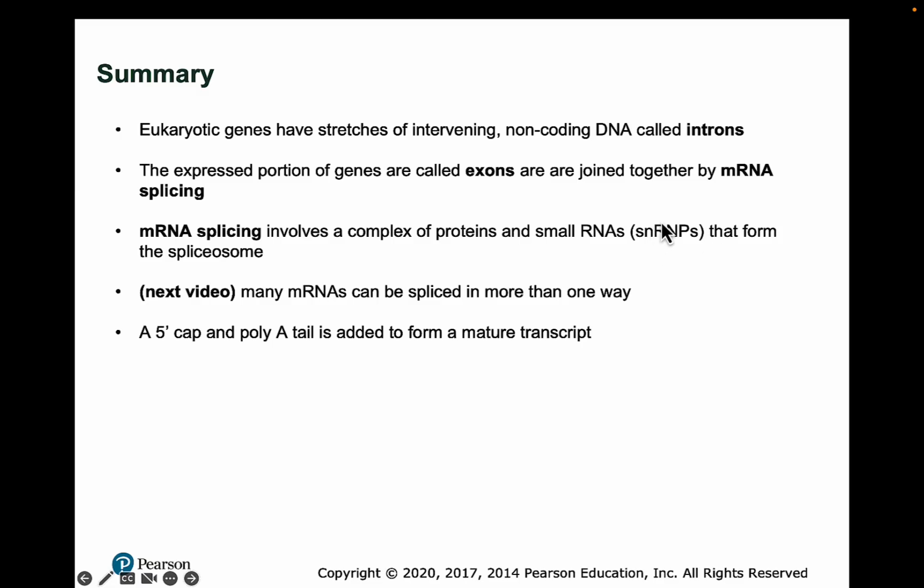These are called SNRPs that form the spliceosome that cut out the introns. And as I'll talk about in the next video, many mRNAs can be spliced in more than one way. And then finally, this 5' cap and poly-A tail are added to the mature form of the transcript, and it's ready to leave the nucleus and be translated into a protein. So that's it for this video, and on to the next.